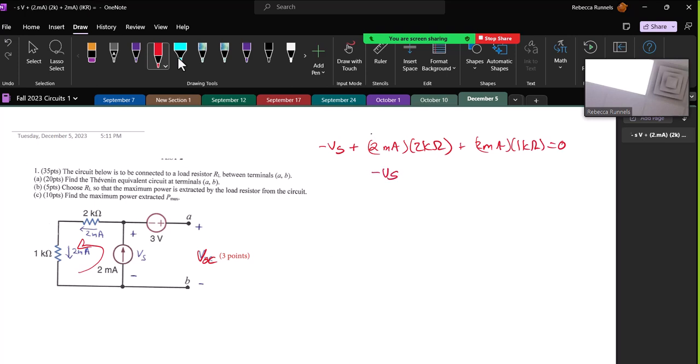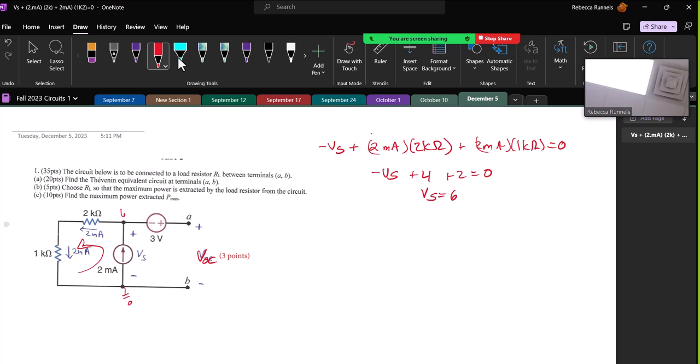Milli times a kilo cancels each other out, so that's plus 4 plus 2 equals 0, or we get that Vs equals 6.